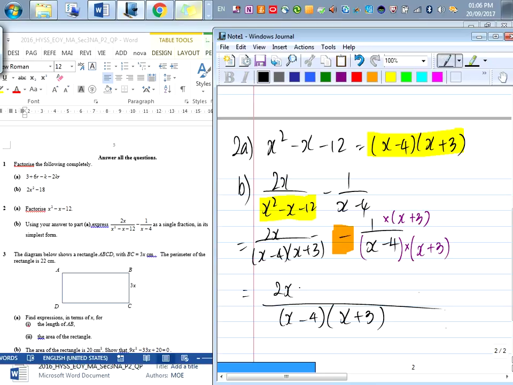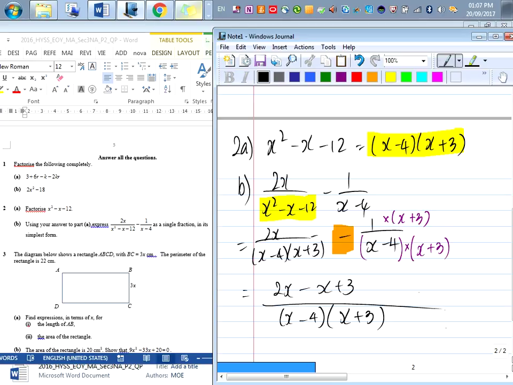So you put a negative, minus what? Like that? Is this correct? This is the trap that many students will fall into. If you are not listening, then you will do this, and this is wrong.